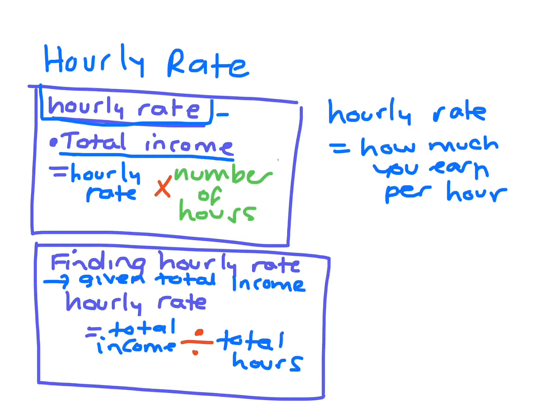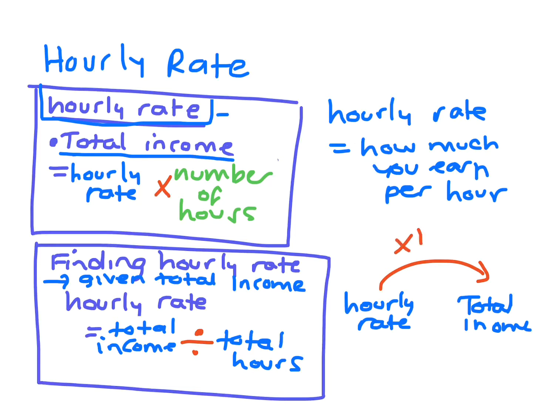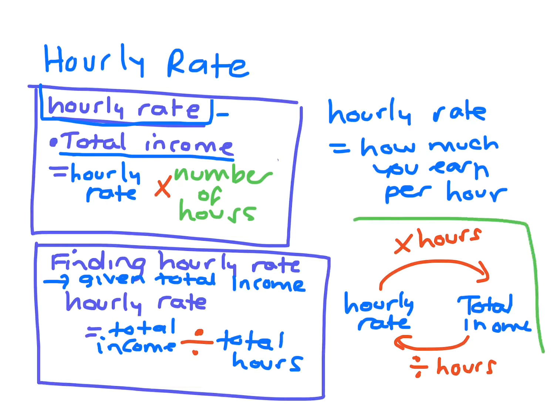So if you've got your hourly rate and you want to get your total income, basically as a table, hourly rate to your income, you times by the hours worked, and if you want to go back, you divide by the number of hours that you worked.